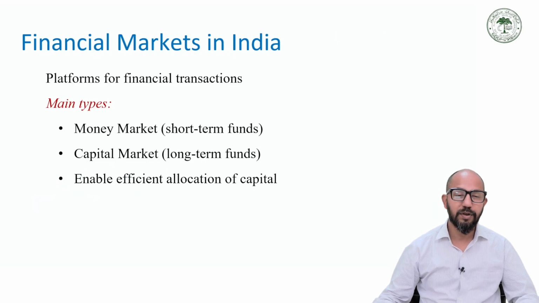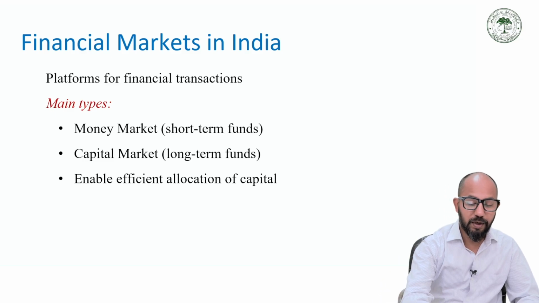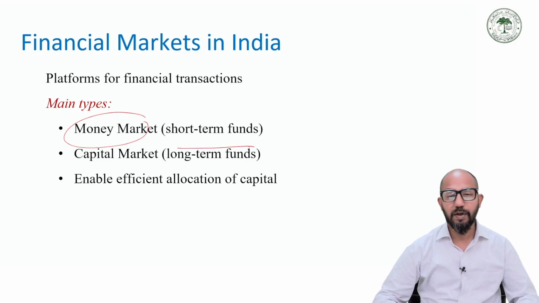Financial markets in India, another important classification. Financial markets in India are platforms for financial transactions. There are two main types of financial markets in India. One is the money market, which is a short-term fund market where money is traded, finance is traded based on the day-to-day profits.